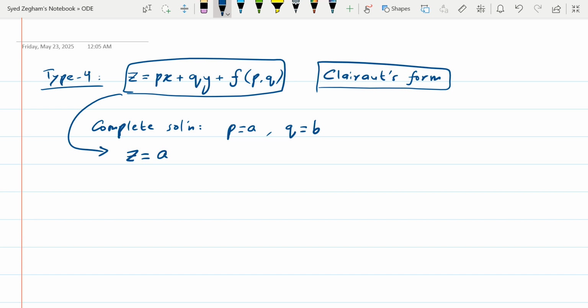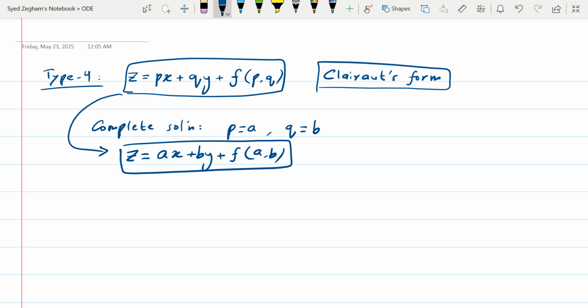So this will become z equal to ax plus by plus a function in terms of a and b. This actually will be our complete solution. Why is this a complete solution? Because z is equal to something and it contains only two arbitrary constants.